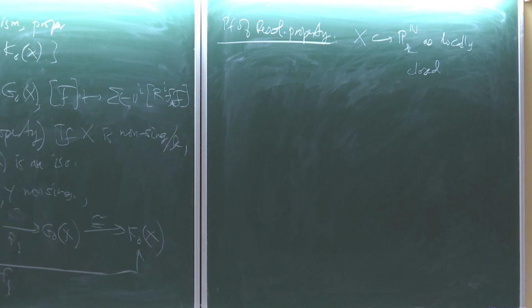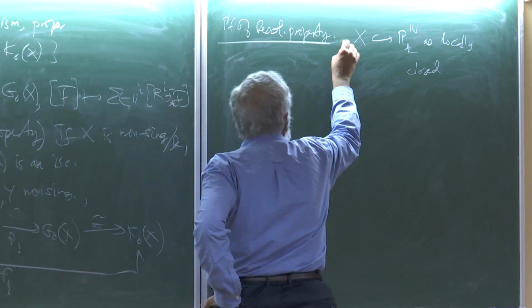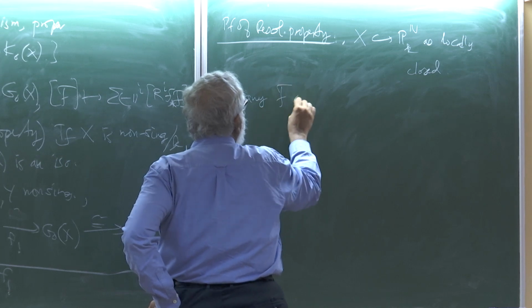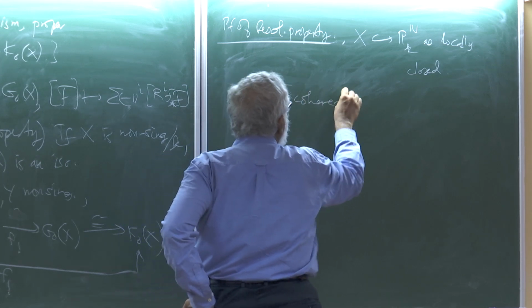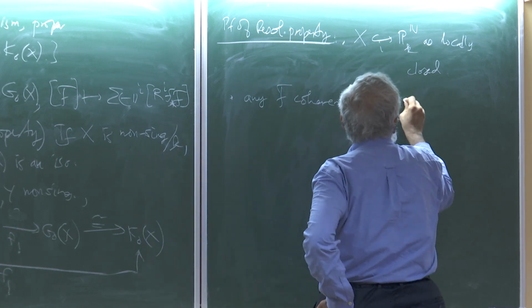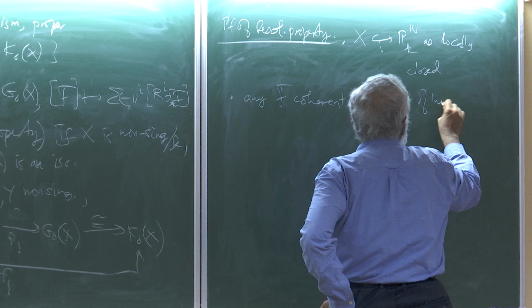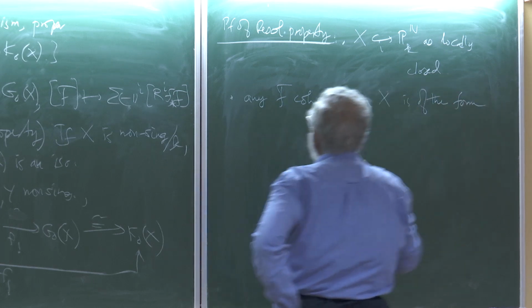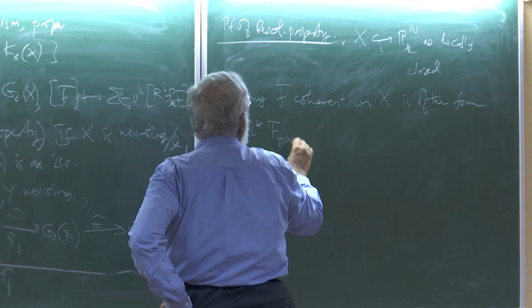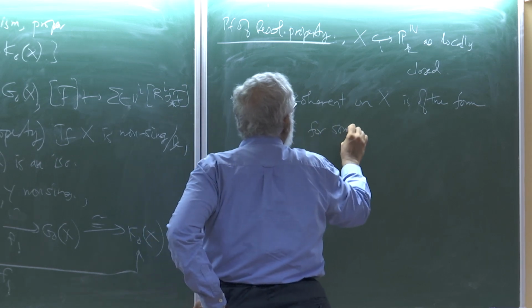And further, any coherent F on X is of the form i upper star of F on P^n for some coherent sheaf.